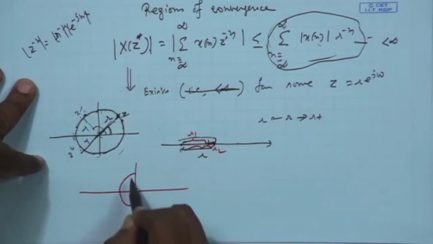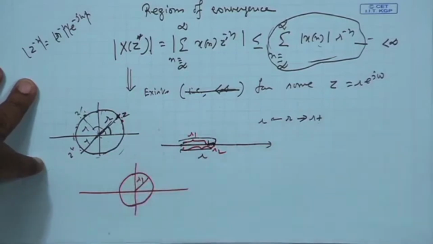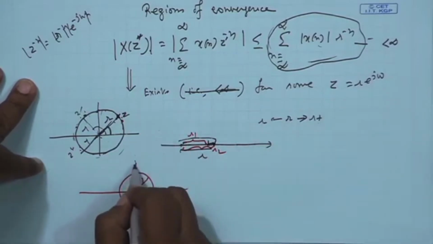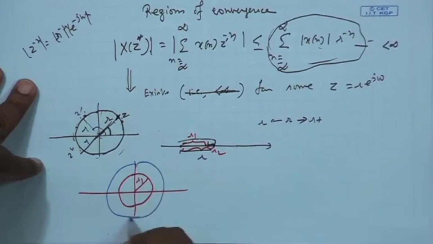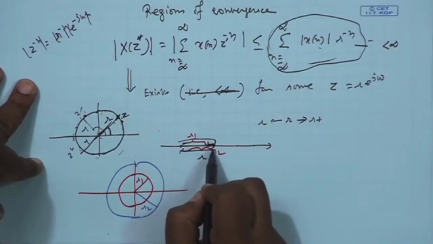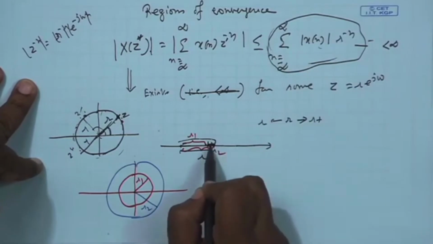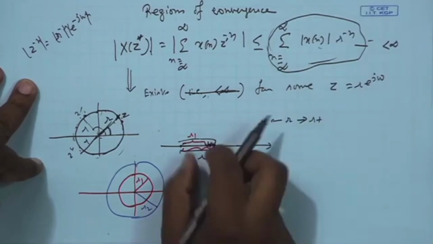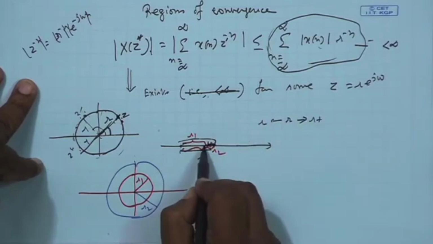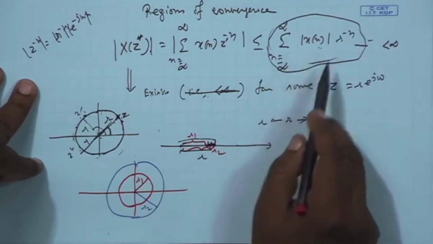So I draw one circle of radius R1, and draw another circle of radius R2. This will be finite for R taking not only one value but from R1 to R2. For this entire band, greater than R1 up to R2, this summation will be finite.